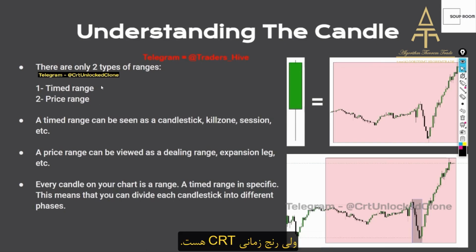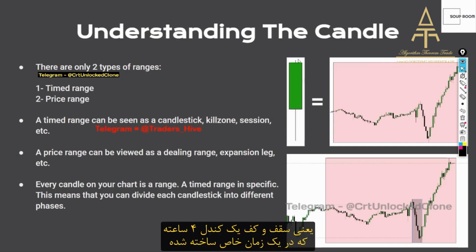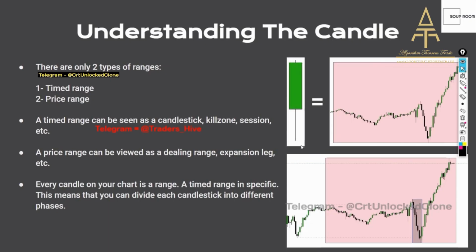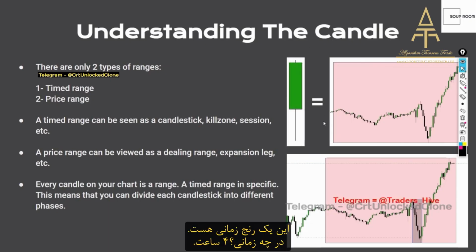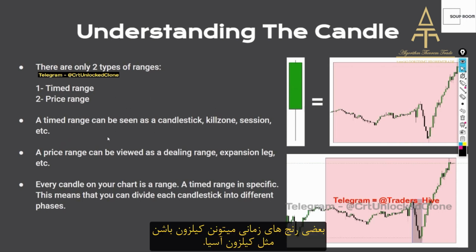A timed range is a CRT, a 4-hour candlestick, closed after 4 hours, a specific 4-hour candle, draw the high and low. That is a timed range. What is the time? 4 hours. All right. Some more timed ranges could be kill zones, right?